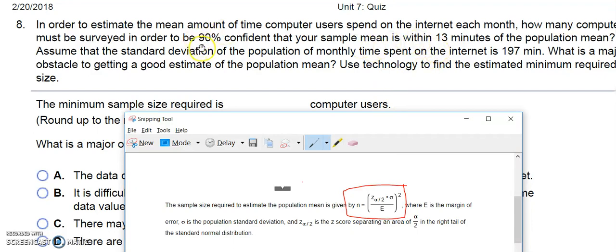So first off, it says 90% confidence. So the confidence interval is 90%. Since this is two-tailed, you've got 5% to the right of this critical value.